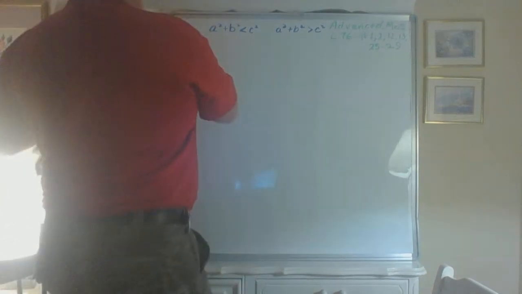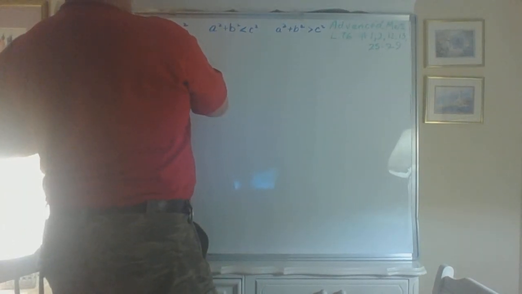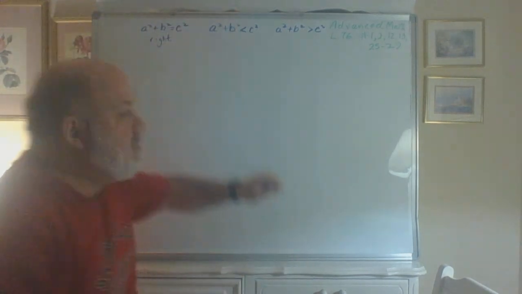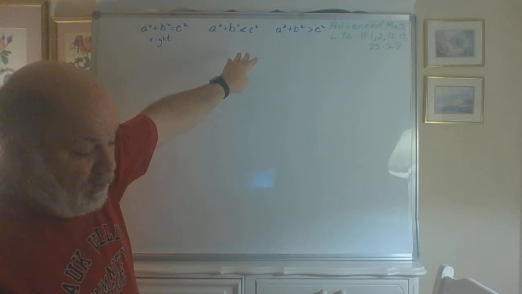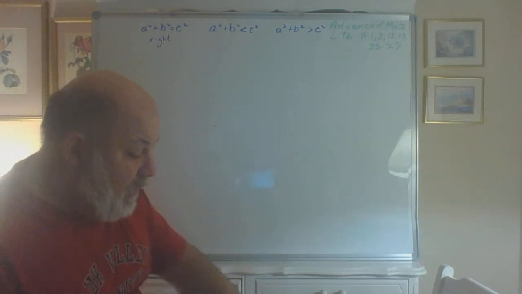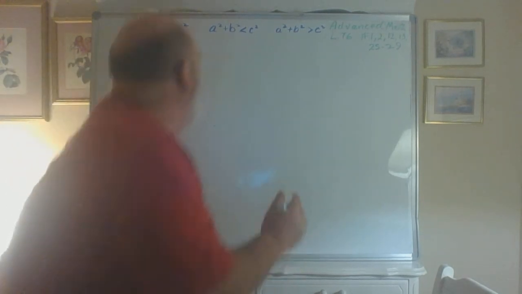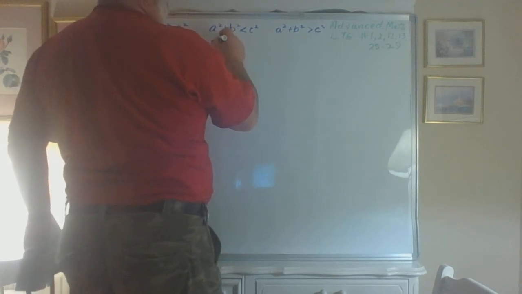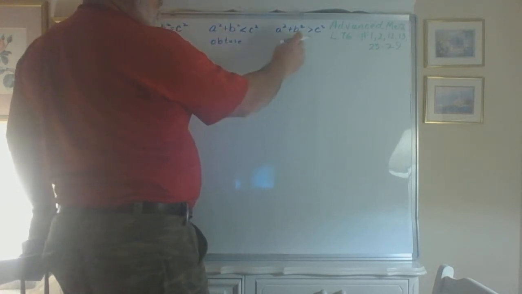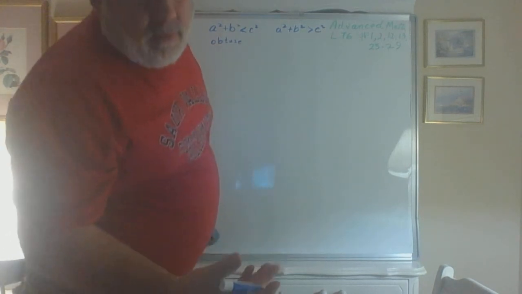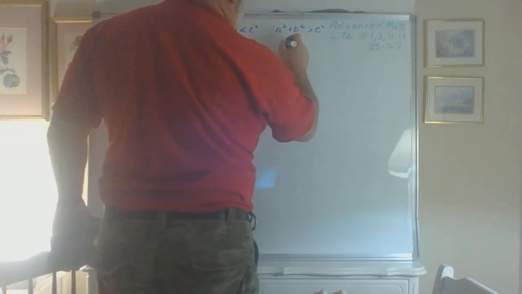We know that, the Pythagorean theorem. If the two sides squared and then added together are less than the third side squared, that's an obtuse triangle. And if the two added together are greater than the third side squared, you've got an acute triangle.